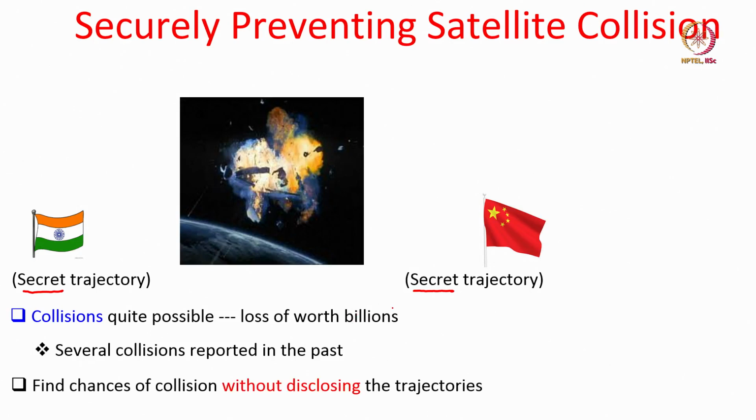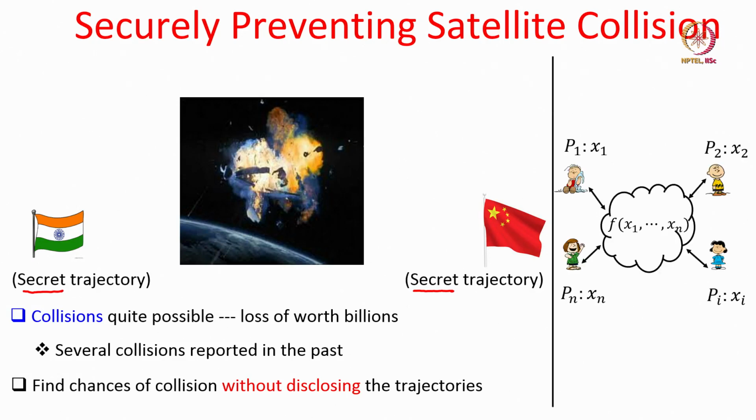So, now the question is it possible for these two countries to find out what is the probability or what is the chances of collision without disclosing their individual trajectory information? Of course, if both the countries disclose their trajectory information to each other, then they can find out whether there is a possibility of collision or not. But trajectory information is the secret data available with the respective parties which they do not want to disclose.